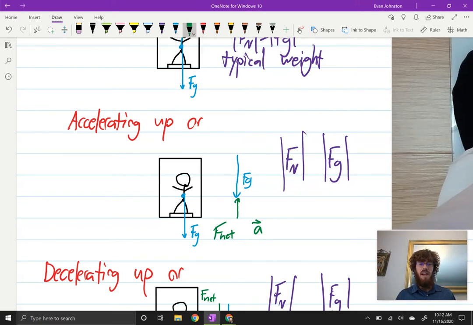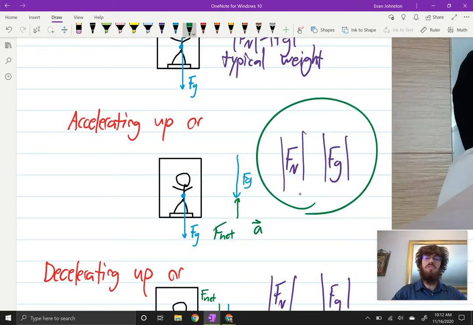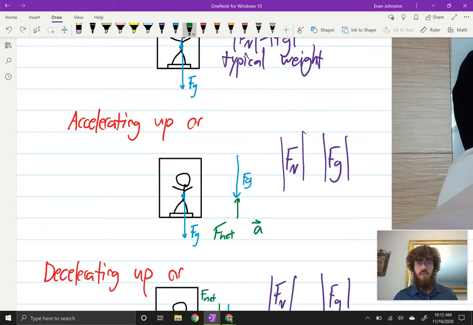If we're speeding up in that direction, the normal force and force of gravity can't match each other anymore. If they were matched, we'd have no acceleration. So this tells me that my normal force must be greater in size than my force of gravity. The force of gravity hasn't changed. Gravity is the same everywhere on Earth. But now my normal force has gotten bigger. It's now 1, 2, 3 lines tall.